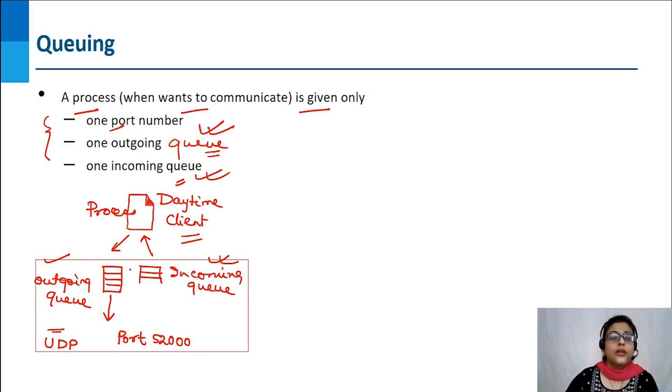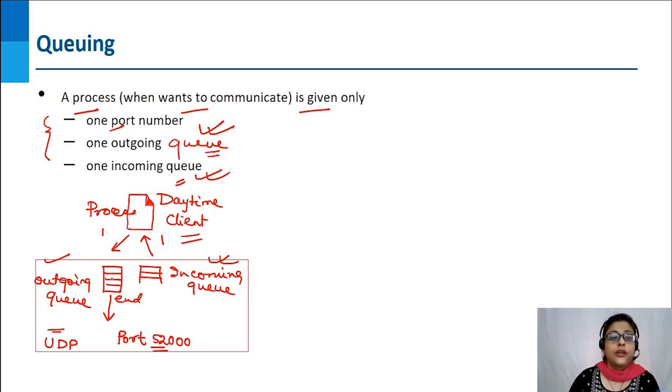Now, there is a port associated with the daytime client, and this port number is 52000. Now, this client may be connected to different servers for different processes, but there is only one outgoing queue and the other one is incoming queue. If a large number of requests come in, they must be fed at the end of the queue.